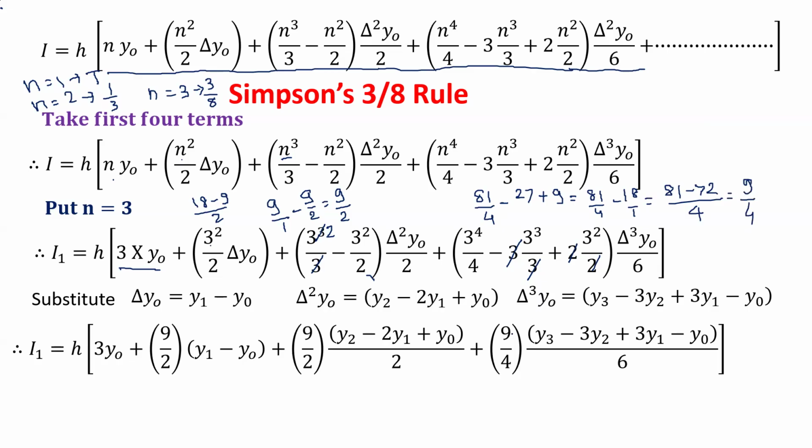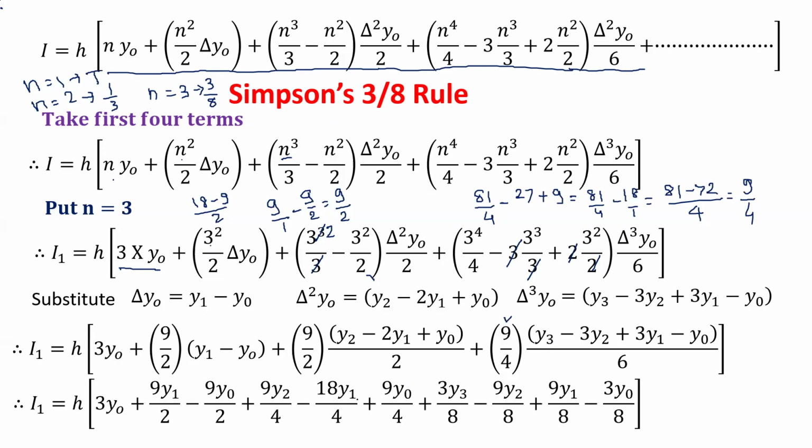So this 9 by 4 we have taken over here. Now we have again simplified this, you can see. So we have multiplied by 9 by 2, y1, minus 9 by 2 y naught, 9 by 4. Now we have multiplied 2 and 2 because both are in the denominator. So 9 by 4 y2, minus 18 y1 by 4, and then 9 by 4 y naught.